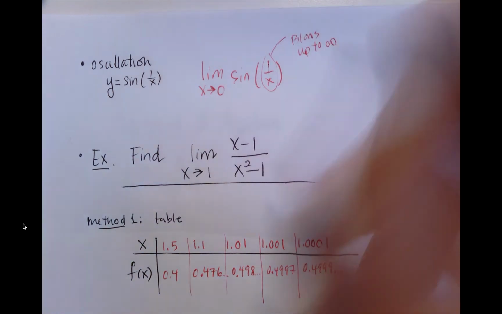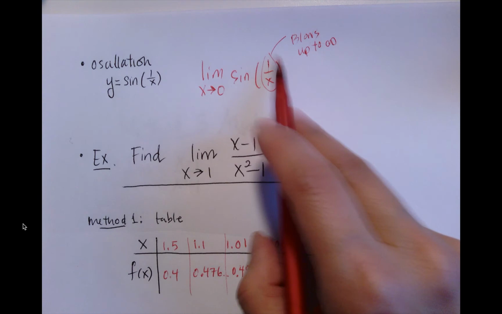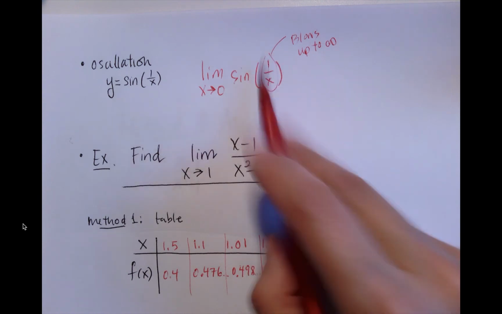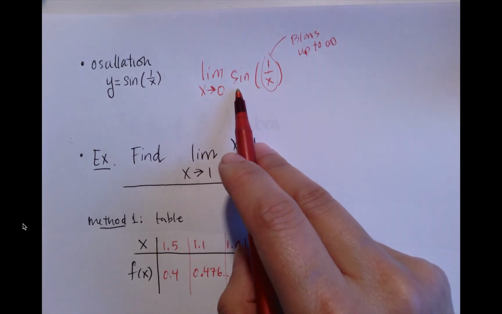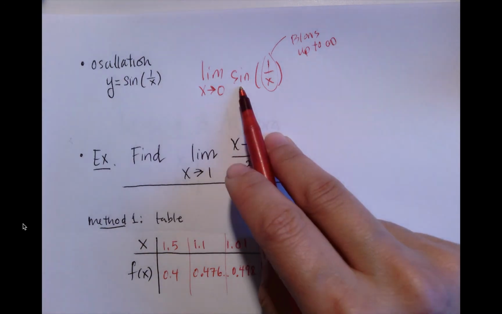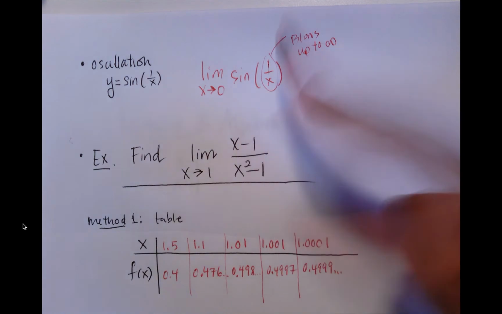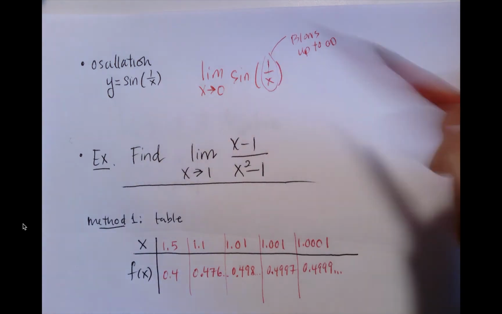As we get close to 0, it keeps growing, it gets arbitrarily large. So now if I take sine, the sine function is going to continue to oscillate. It's going to begin to oscillate wildly near 0 because 1 over x is blowing up.